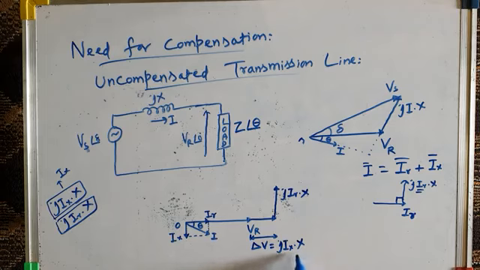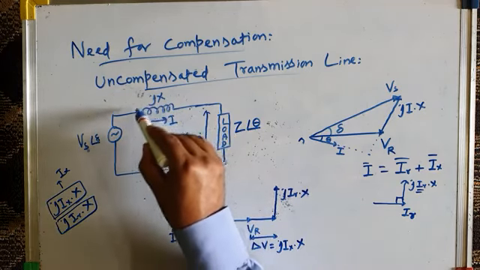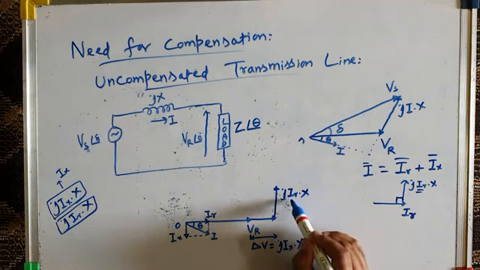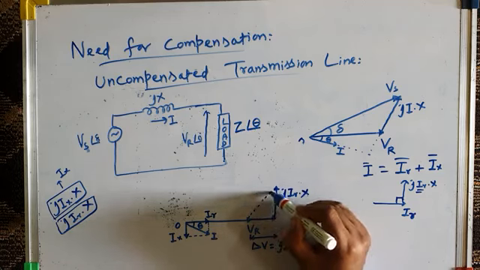Delta V equal to JIX into X is the voltage drop across the transmission line reactance because of the out-of-phase component of current, or quadrature component of current, and JIR into X is the reactive voltage drop across this transmission line reactance, which is because of the in-phase component of current IR. Okay, so therefore, what is this?